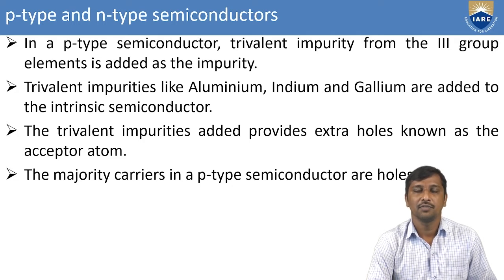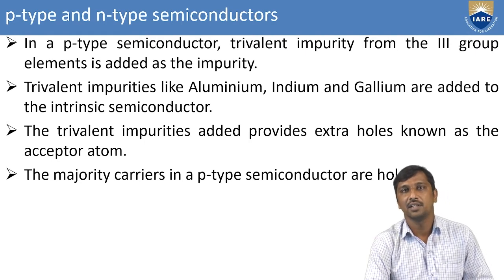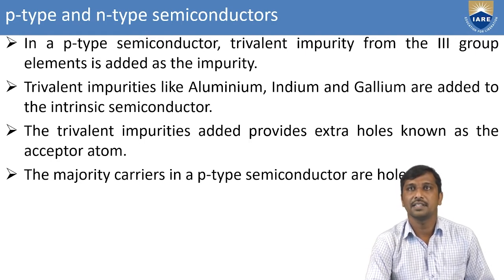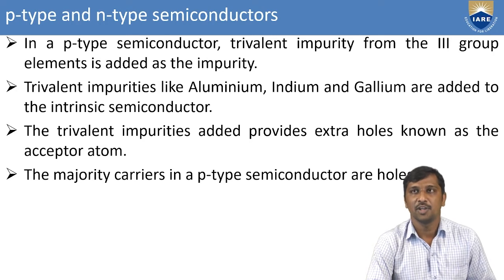These trivalent impurities are taken from the third group elements, for example aluminium, indium, gallium. When these are added to the intrinsic semiconductor, it forms the P-type extrinsic semiconductor.